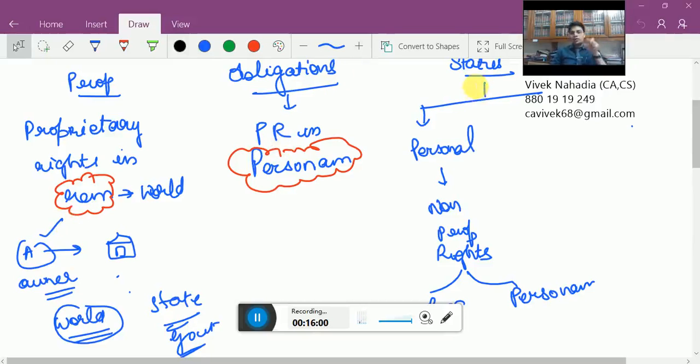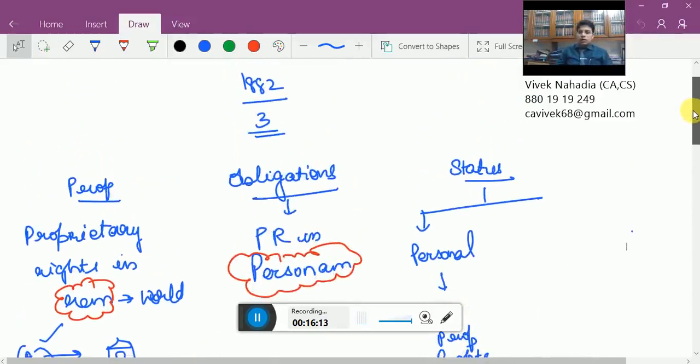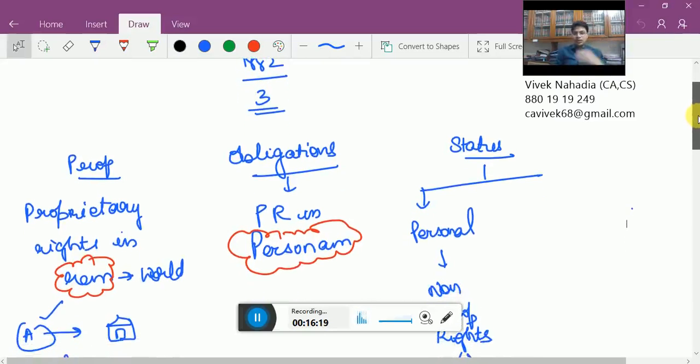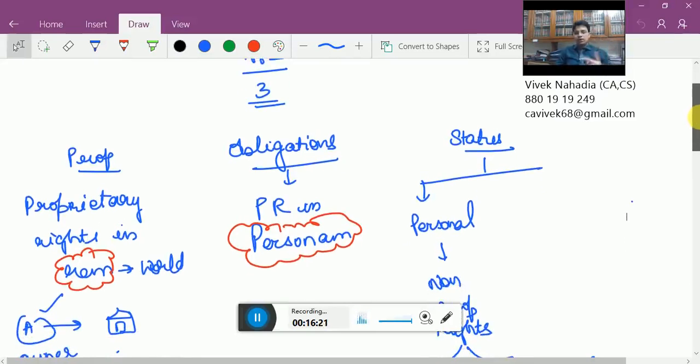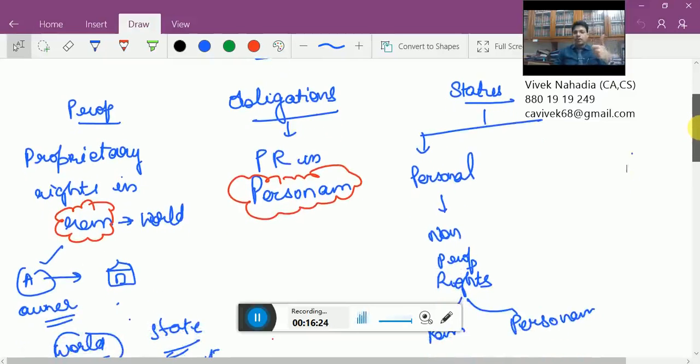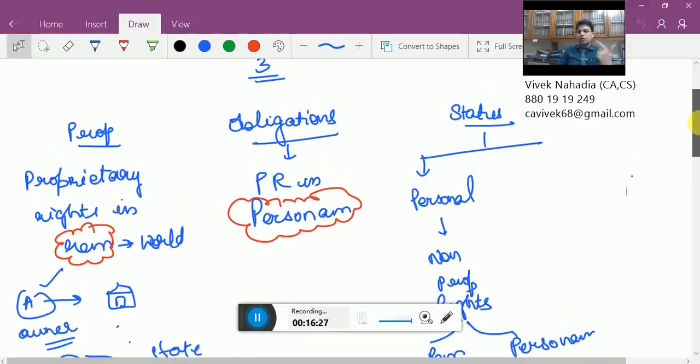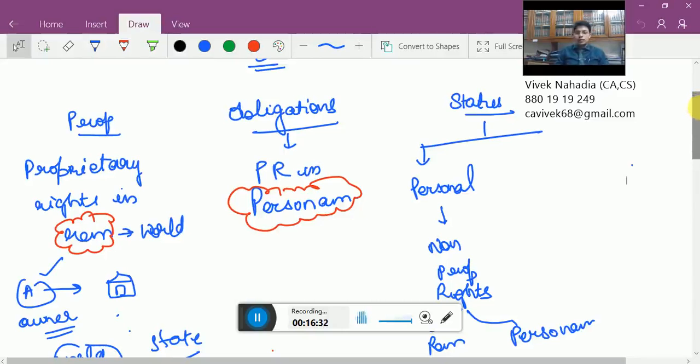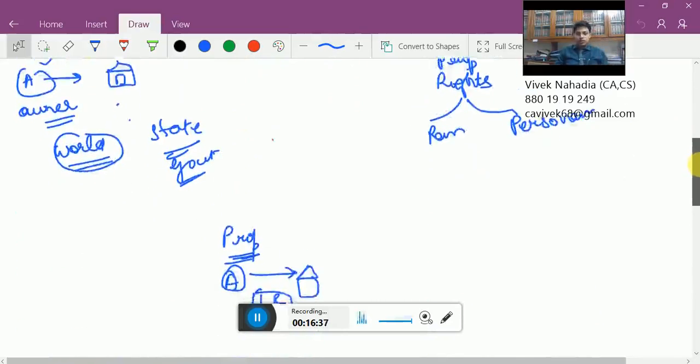So the law of status deals with the personal rights, A's reputation, A's liberty, A's freedom, etc. And this can be in personam or in rem. So the Transfer of Property Act 1882, we divide it into three: the law of property, the law of obligation, and the law of status. The law of property deals with the property rights in rem. The law of obligations deals with the proprietary rights in personam. The law of status deals with the personal or non-proprietary rights in rem or in personam.